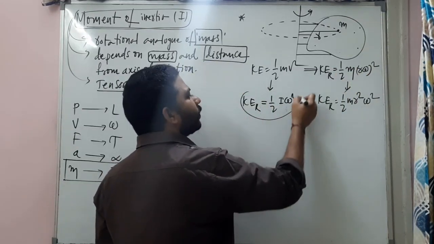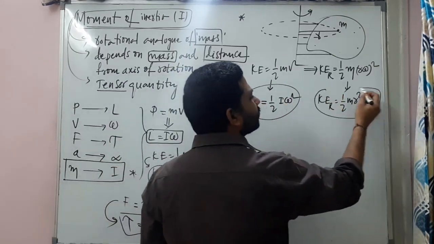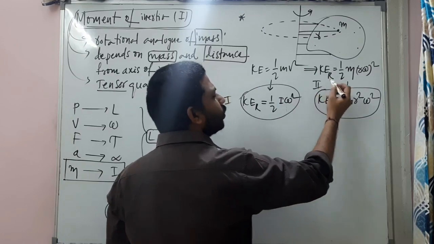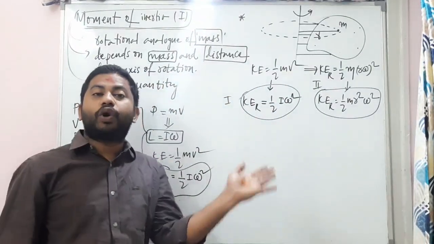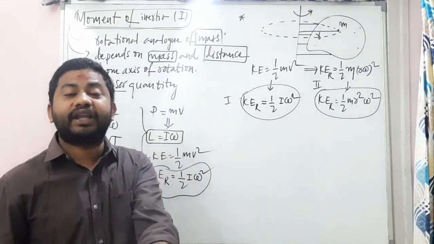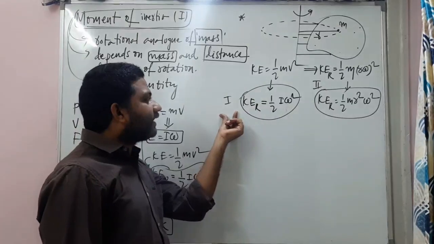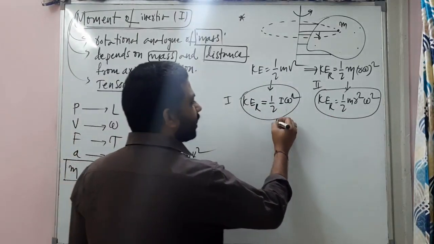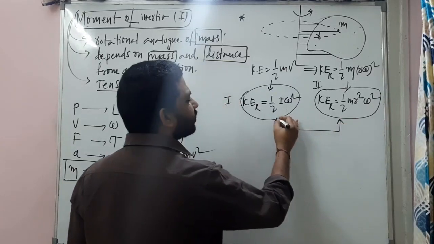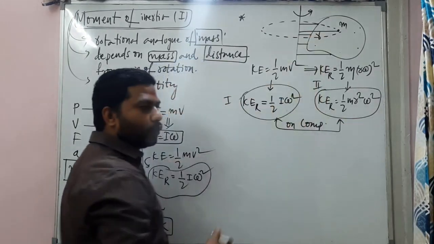Let's suppose this is equation number 1 and this is equation number 2. From 1 and 2 I can compare, because both the expressions represent the kinetic energy in rotational motion. So on comparing these two equations, what do we get?